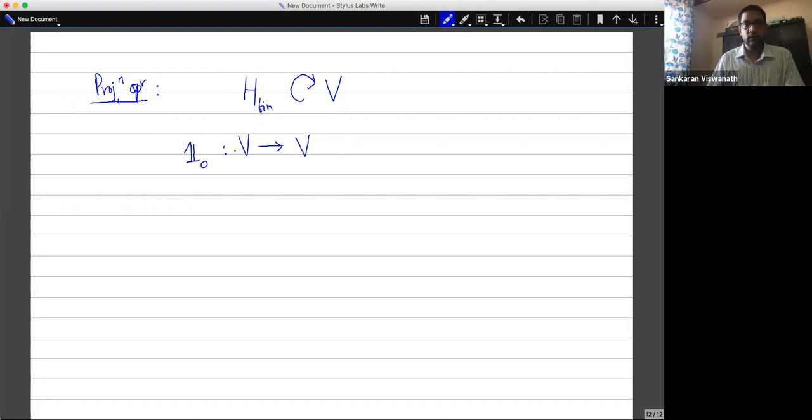If you look at the idempotent 1 naught acting on V, the point is that the image of this idempotent is exactly the space of invariants. It's all copies of the trivial representation inside V, all those vectors in V. And recall, trivial representation now means Ti acts as T power half.